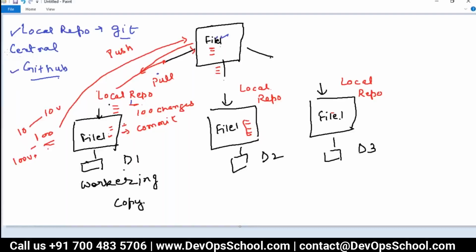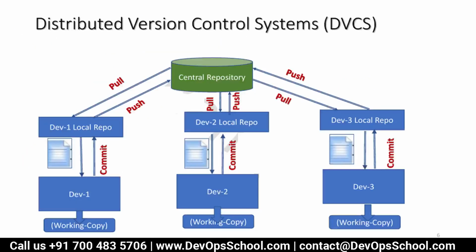Okay, so now let us go back to our notes again. Here you can see this is my central repository. This is dev1, dev2, dev3. They have the working copy of the code. And here you can see this is the file which is to be modified or which is the latest code.